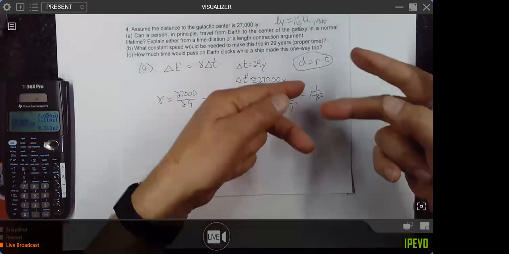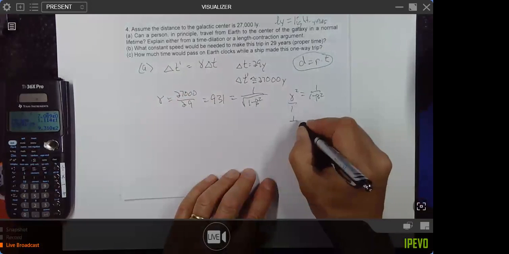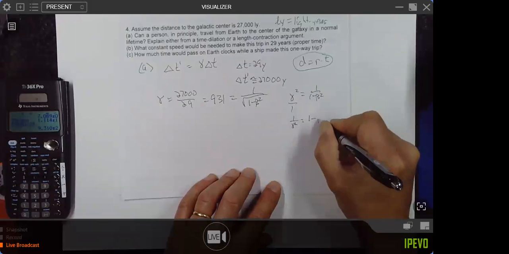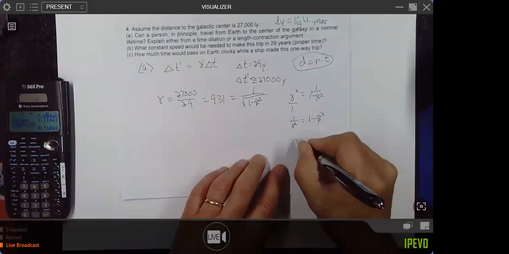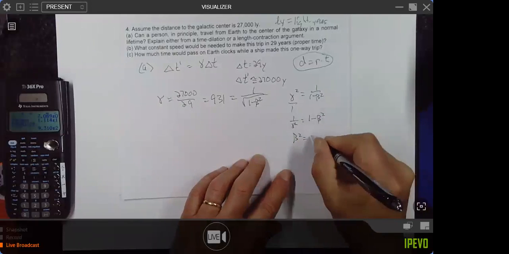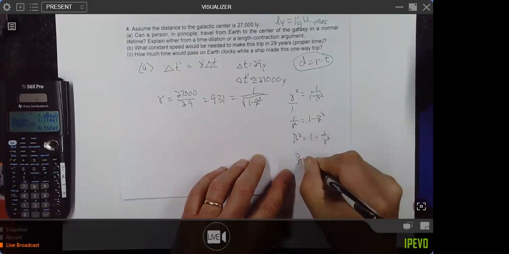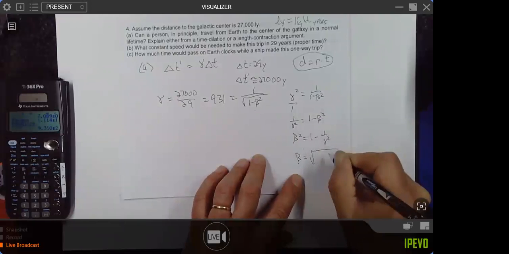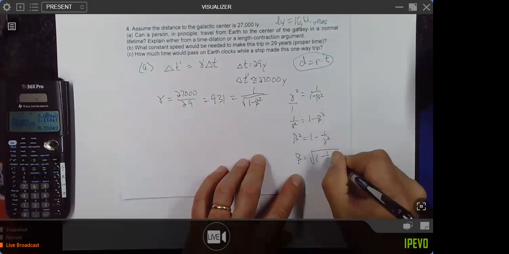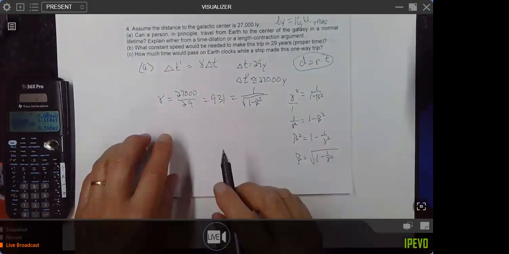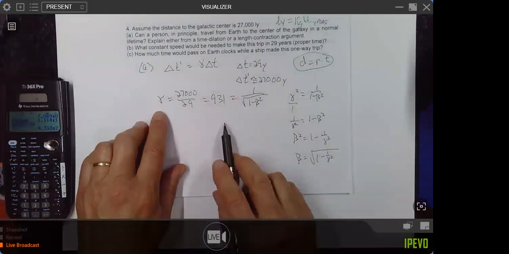I'll just flip both fractions. 1 over gamma squared is going to be 1 minus beta squared. Beta squared will equal 1 minus 1 over gamma squared, and beta will equal the square root of 1 minus 1 over gamma squared. Okay, so we can do this.